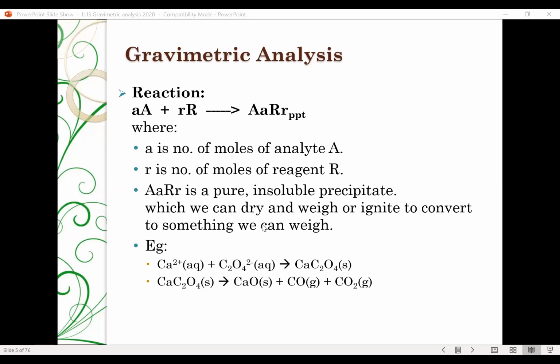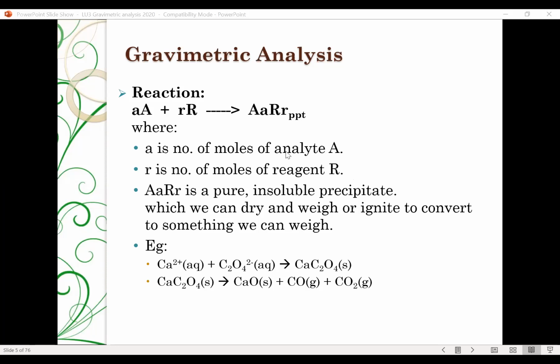In experiment 2, what we release during the drying of the sample is only moisture, because we dry the sample at a temperature of 100 to 120 degrees Celsius only. At that temperature, the only thing that comes out of the sample is water or moisture. So we don't call it volatilization gravimetry, we call it particulate gravimetry for experiment 2.